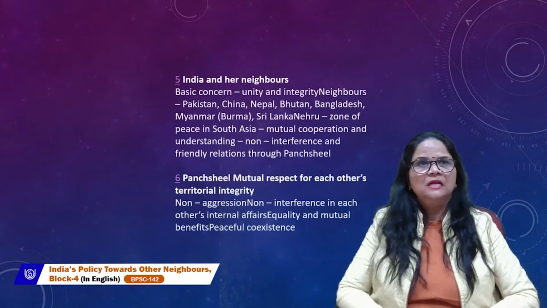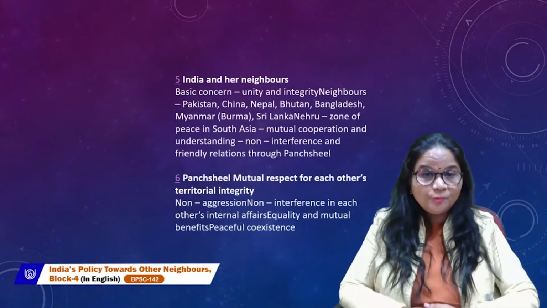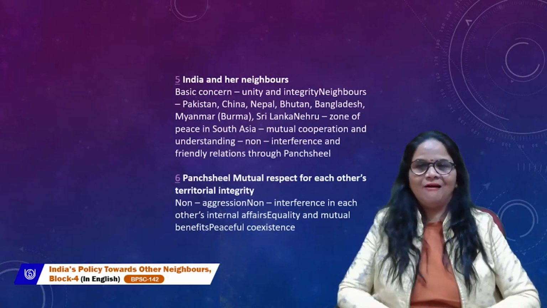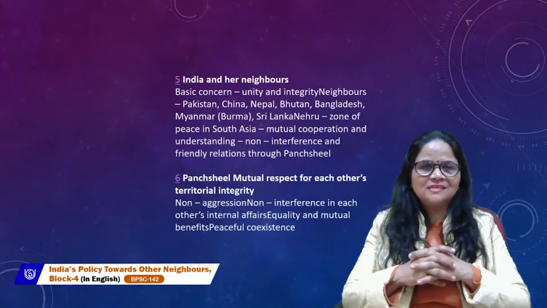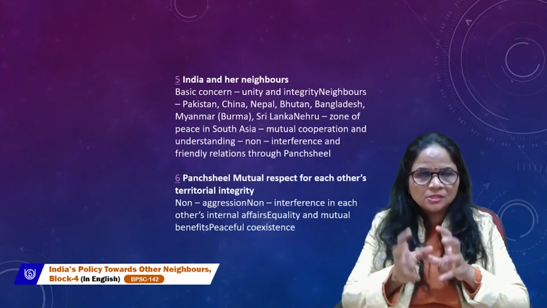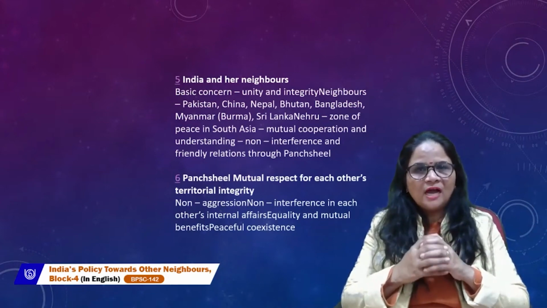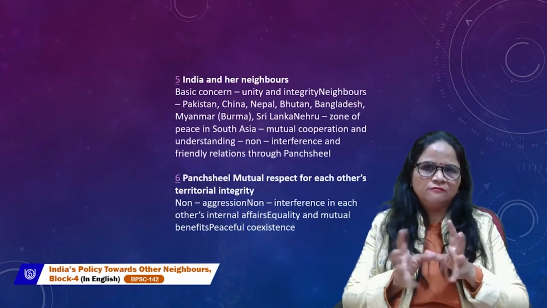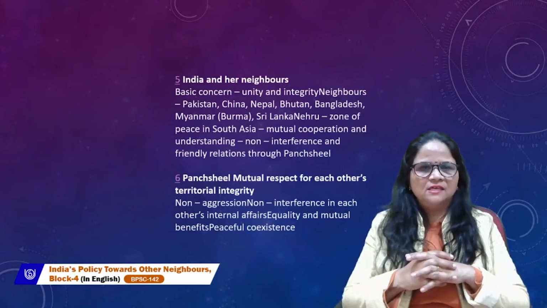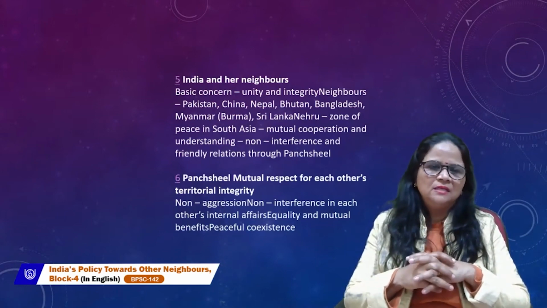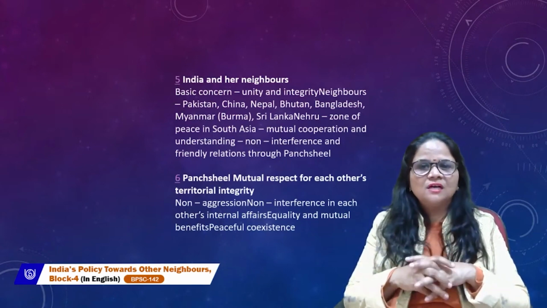We have to be united, and have integrity, because every country has mutual concern about its cultural aspects. So we have unity and integrity with neighbors. Who are the neighbors here? Pakistan, China, Nepal, Bhutan, Bangladesh, Myanmar (Burma), Sri Lanka.